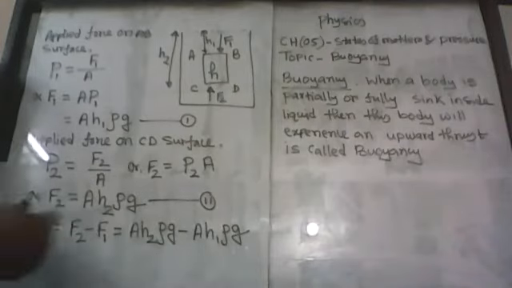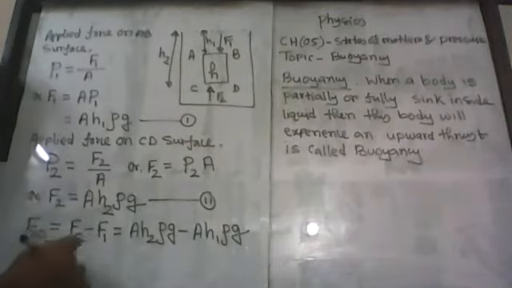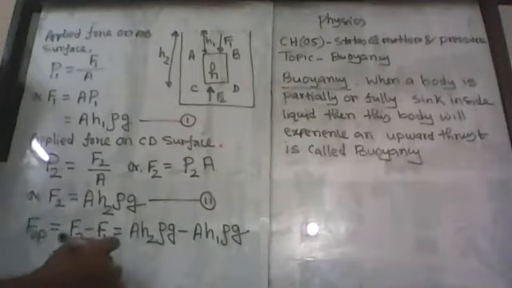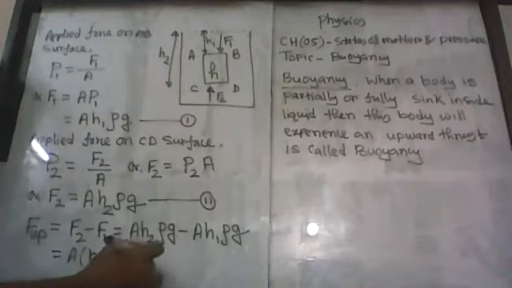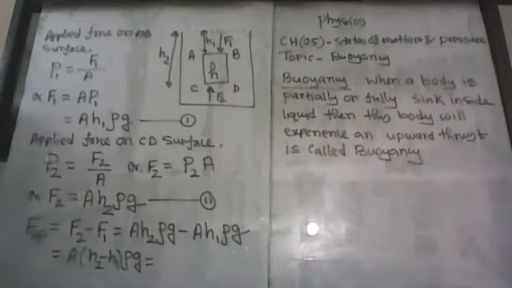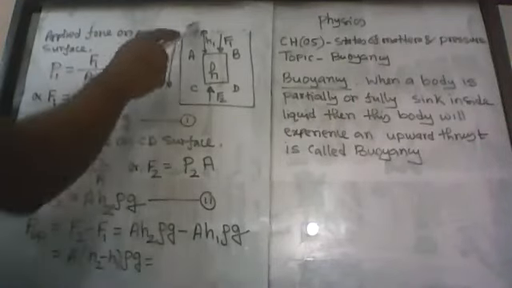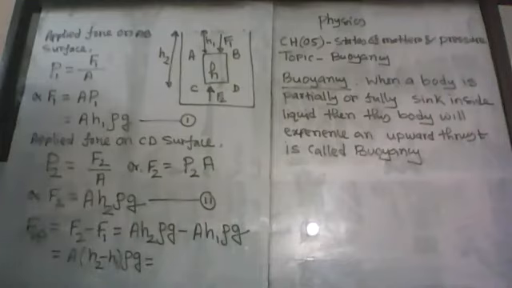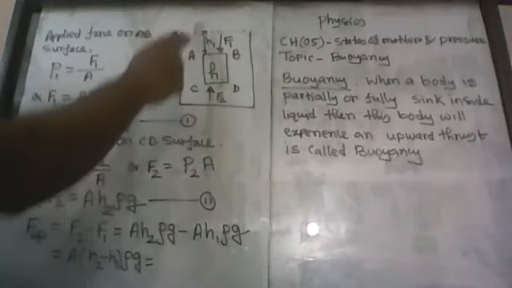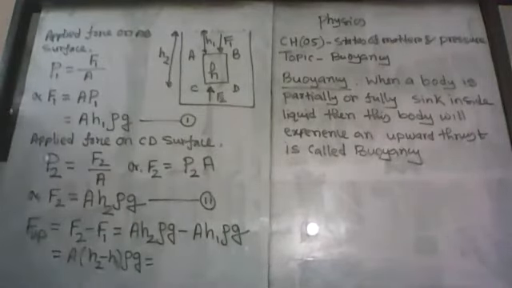If I take A common, it is H2 minus H1, then rho into G. If you subtract H2 minus H1, you'll get the height of this cylindrical body.